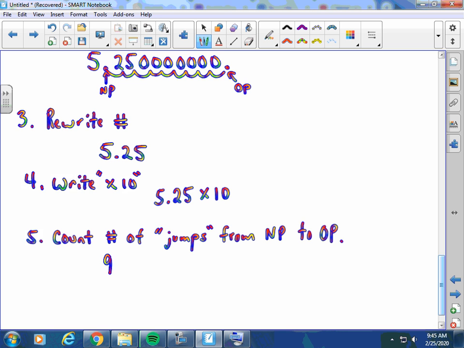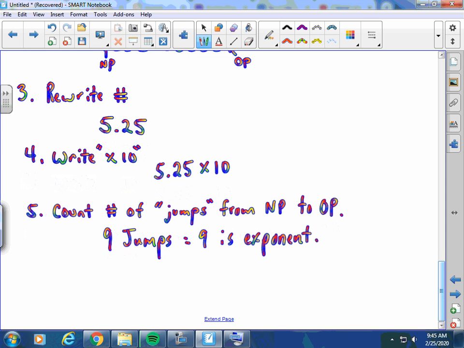So in this case, there are 9 jumps. What that means is that 9 is the exponent. So now my number becomes 5.25 times 10, and to the top of the 10, I'm going to write a 9.